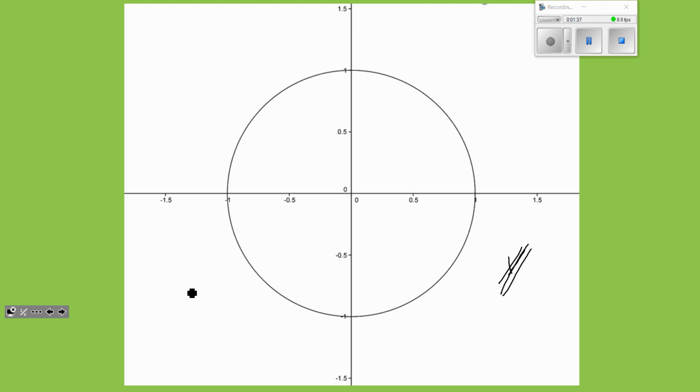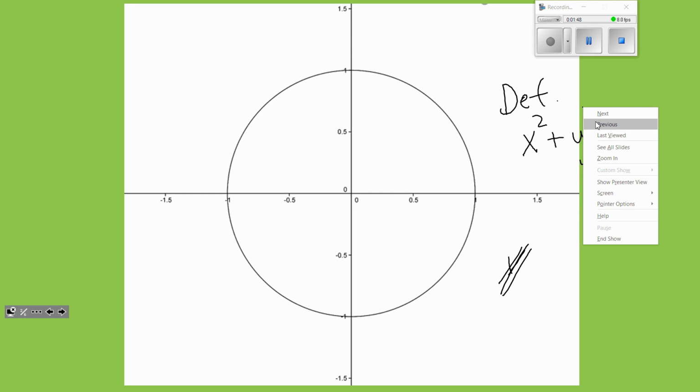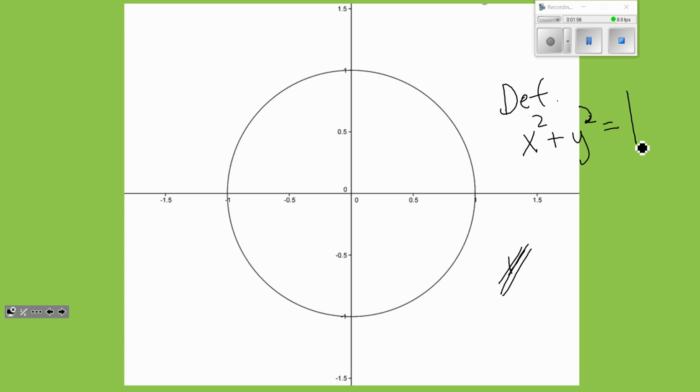There we go. All right. So definition of the unit circle is x squared plus y squared equals 1.